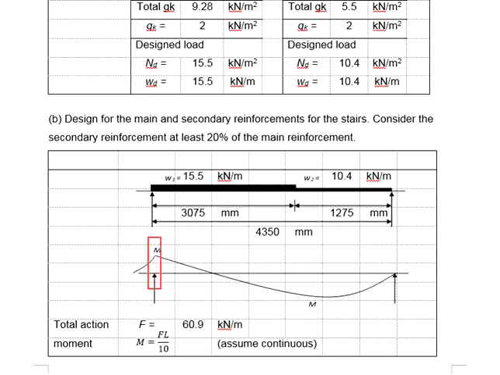In the case that the supports here are continuous, you are going to expect there will be negative moment. The locations of the negative moment will define where you need to provide top reinforcement bar in the slab.